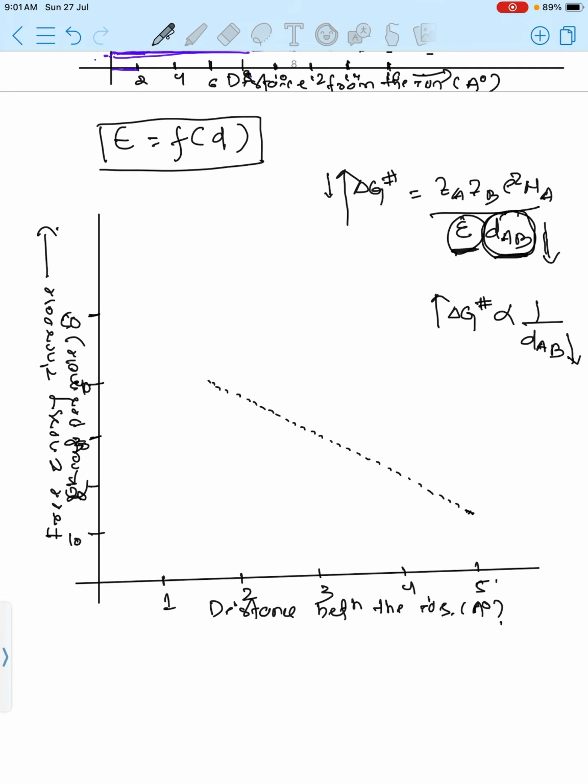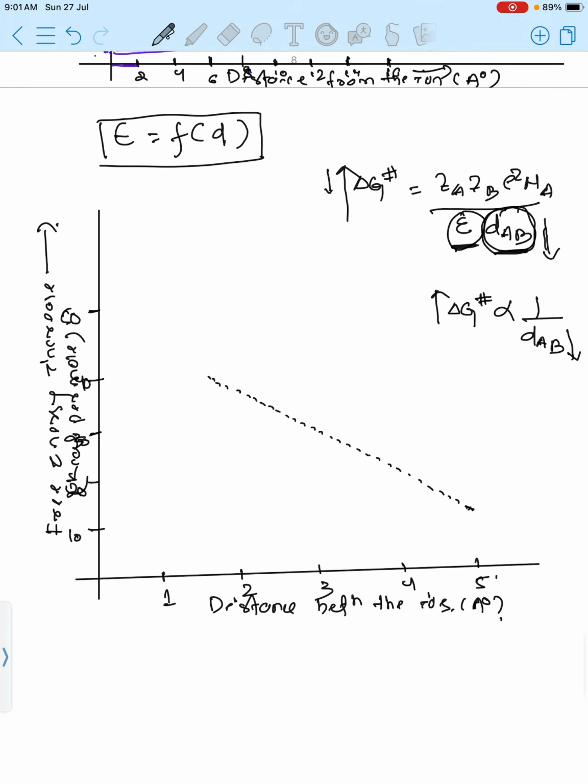But actually in the real world, epsilon changes continuously. At every point the dielectric constant value is not similar. Near to the ion, the solvent would have a very small value, but far away from the ion, the dielectric constant has a larger value. So this does have an effect.